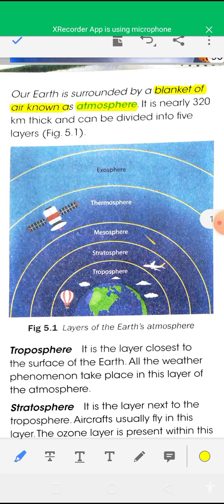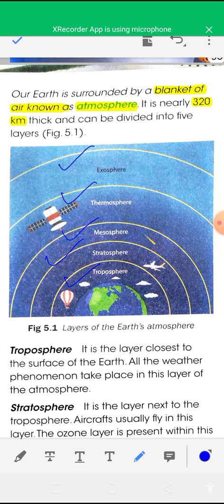It is nearly 320 kilometers thick and can be divided into 5 layers: troposphere, stratosphere, mesosphere, thermosphere and exosphere. Figure 5.1 shows the layers of earth's atmosphere.